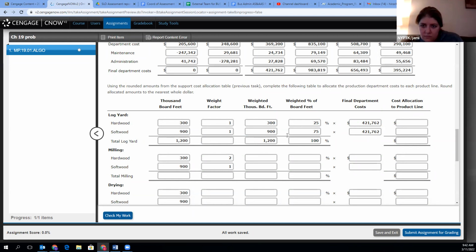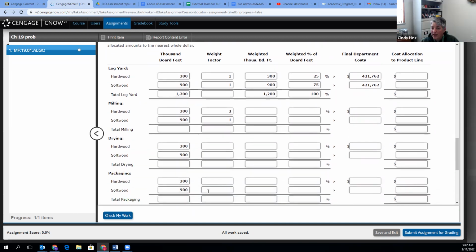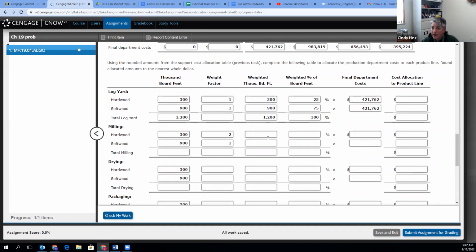That same relationship is going to hold true for drying and for packaging. But for the milling, as Andrew was saying, because the hardwood is twice as hard, it takes twice as much effort. If you want to think of it, twice as much cost is going to be assigned to the hardwood as the softwood. And so then our totals here would be 1,500.